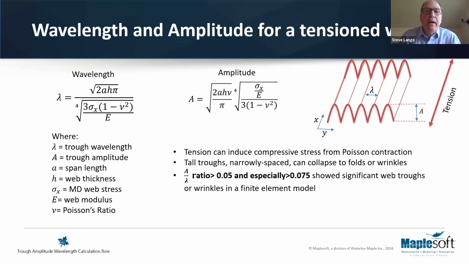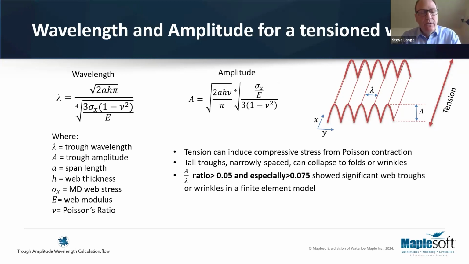And from some finite element modeling, it's been shown that if you get a very high ratio of the amplitude to the wavelength, meaning you have very tall waves in the web and they're very closely spaced, then you're going to generate wrinkles in the web.